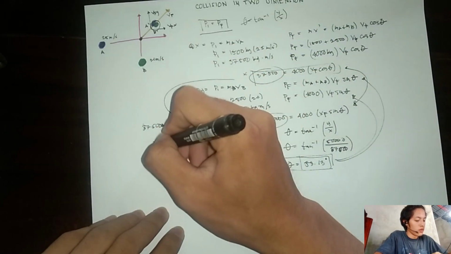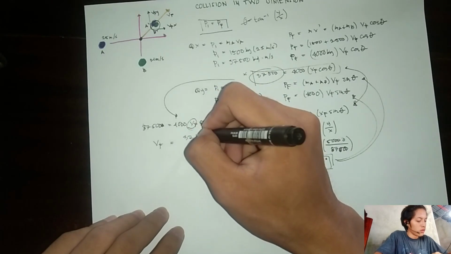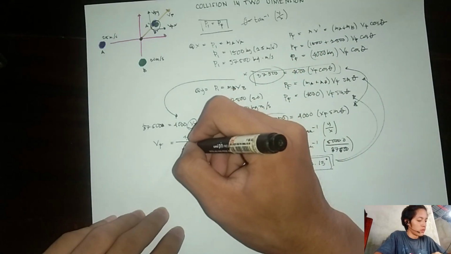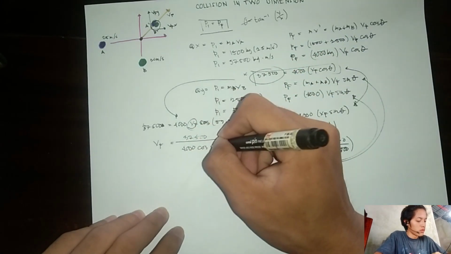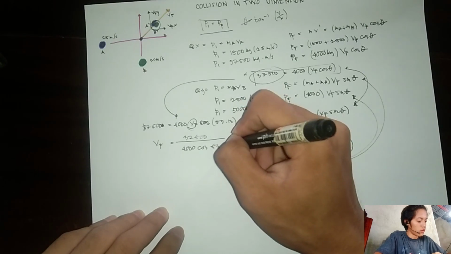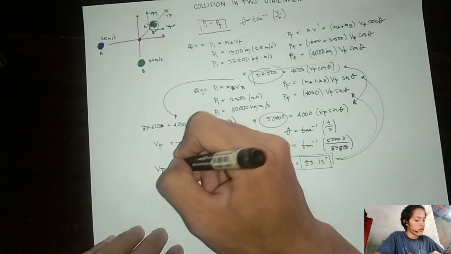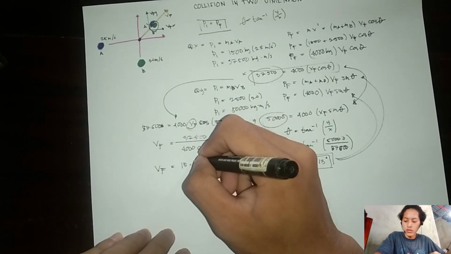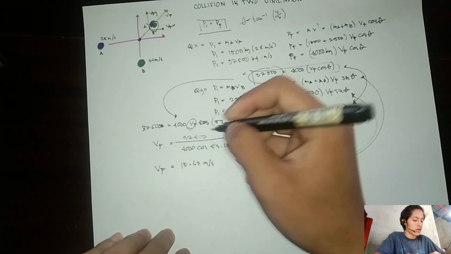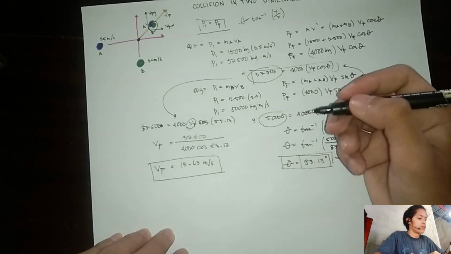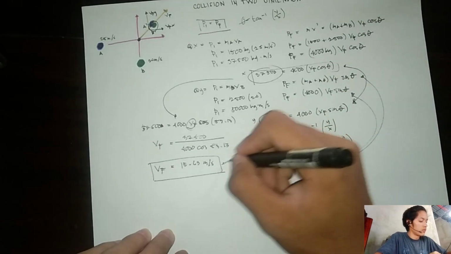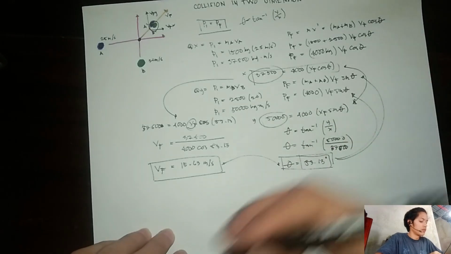So, we have the velocity final is equal to 37,500 over 4,000 cosine 53.13. So, velocity final is equal to 15.63 meters per second. Ito na yung magnitude and then yung direction ng velocity final natin.